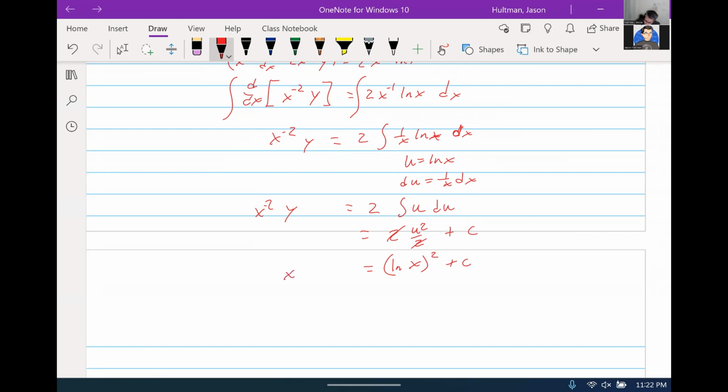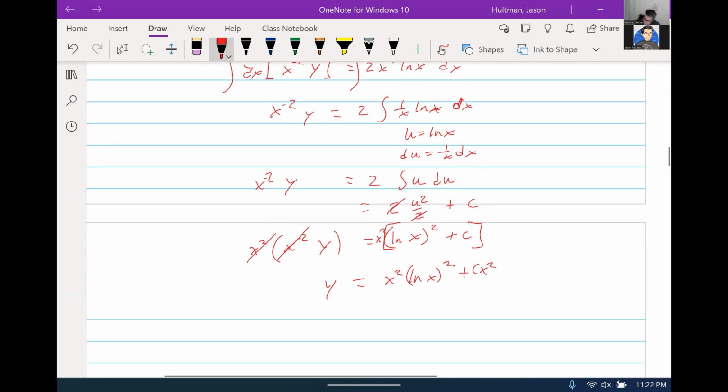Okay, and we get x to the -2 power y equals that. And so if I were to divide by x to the -2, that would be the same as multiplying by x squared. So if I multiply both sides by x squared, those will cancel out, and I'll be left with y equals x squared natural log of x squared, plus x squared times c, or cx squared.